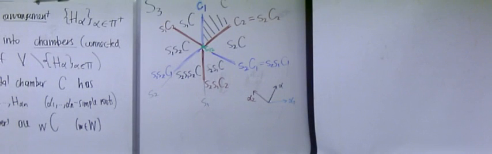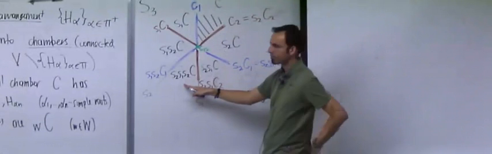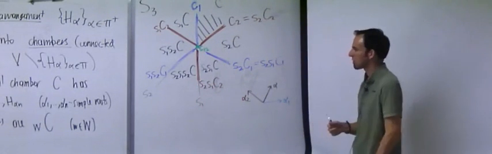The length of W can be understood in this picture as the number of hyperplanes you need to cross to get from your home region to the region labeled by W. And here you see it. You need to cross one hyperplane to get to the simple reflections. You need to cross two hyperplanes to get to the things of length 2. And you need to cross 3 hyperplanes to get to the thing of length 3. And so that's a very nice way to understand what the length is geometrically.